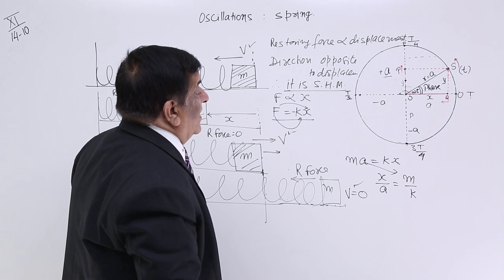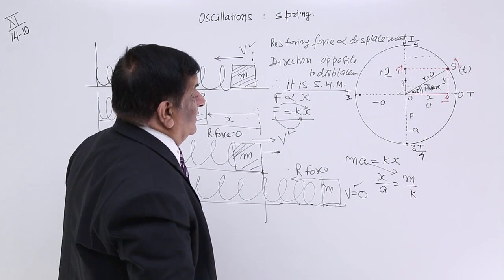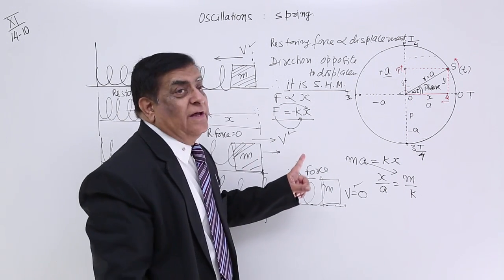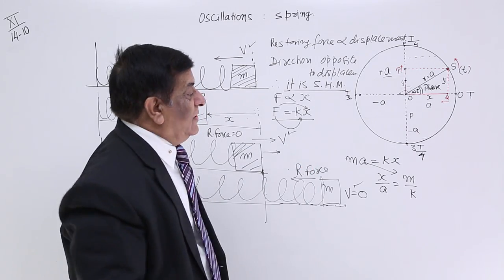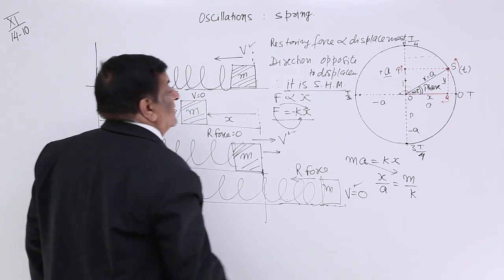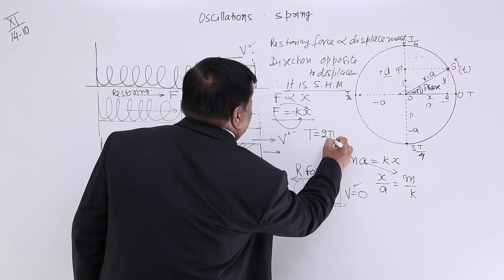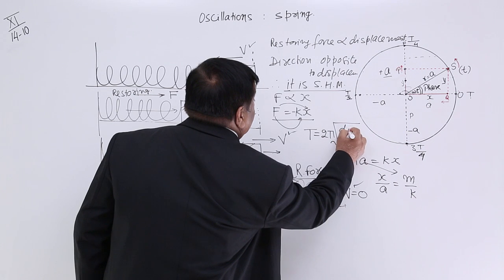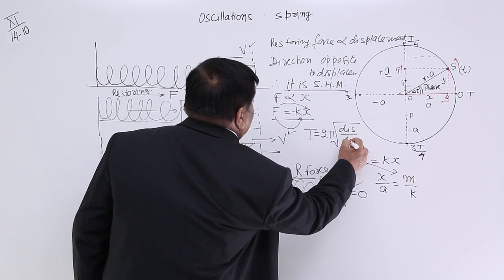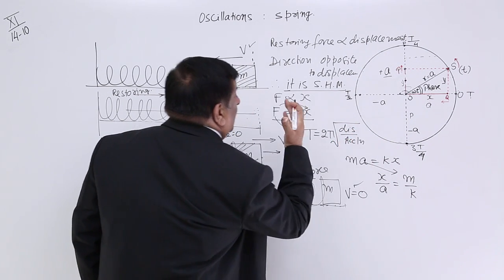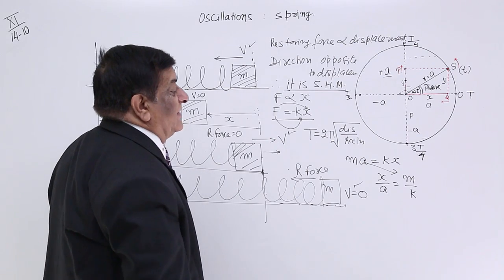Now if it is simple harmonic motion, then we can apply the relations of simple harmonic motion. That relation is: time period is equal to 2 pi root of displacement upon acceleration. Here, what is displacement and what is acceleration?